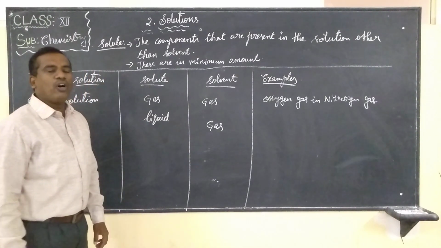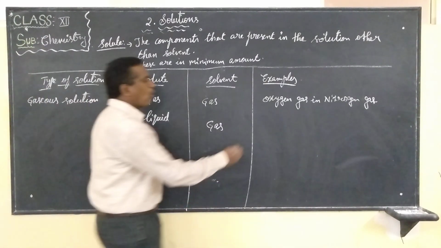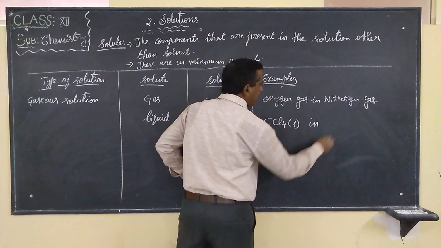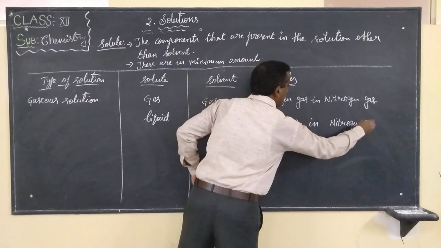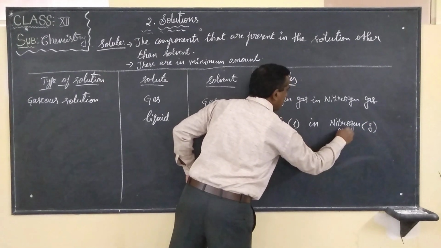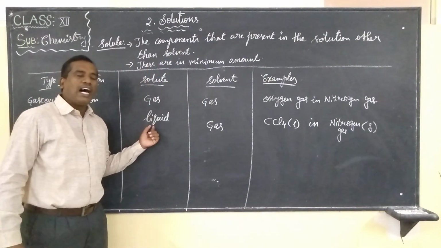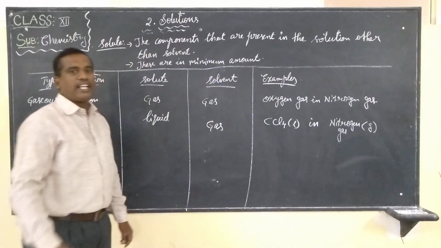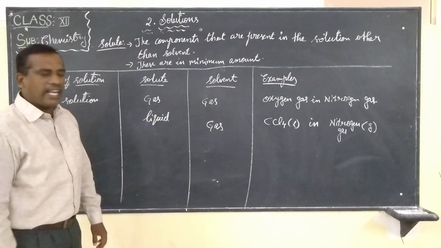We know carbon tetrachloride, CCl4, is a liquid. In nitrogen gas, it is already the gaseous state. So, carbon tetrachloride, CCl4, in nitrogen gas, we can take as one of the examples. There are many examples.